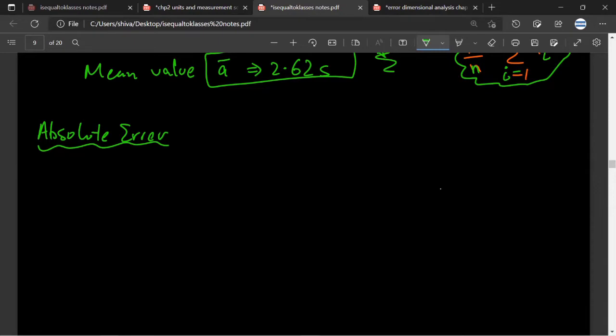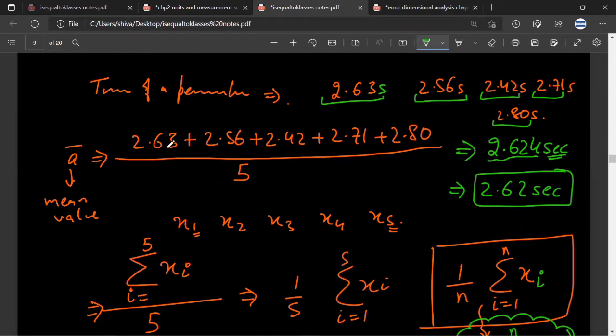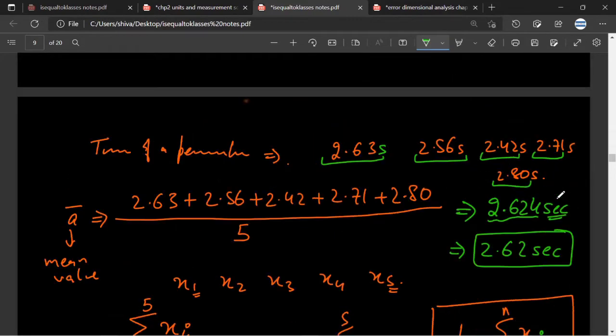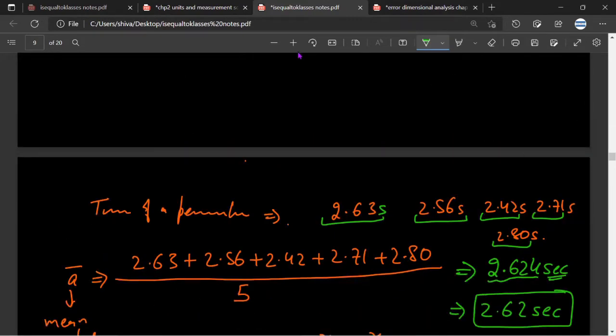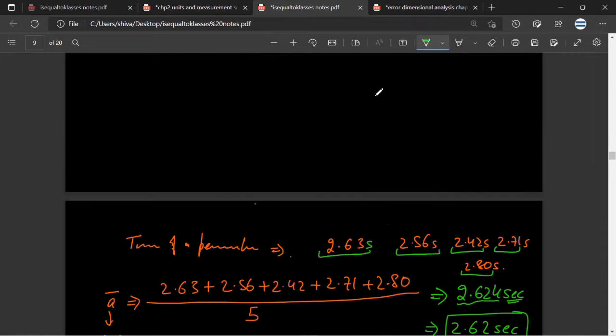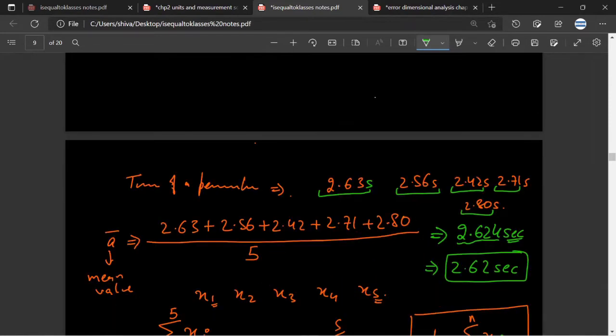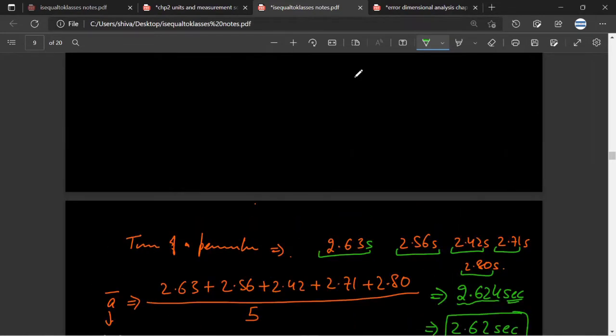The mean value that I have is 2.62, and the individual values that I have are 2.63, 2.56, 2.42, 2.71, 2.80.